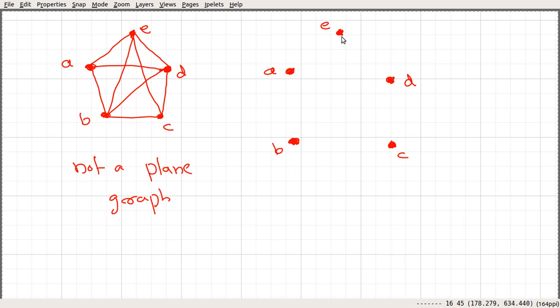Let's try to find a drawing that is a plane graph for this one. So here we have this cycle, so these 5 edges will be there. So far everything is okay, there is no crossing. So let's add these two edges, between A and D, and B and D. So far there is no crossing of the edges, and we are left with two edges.